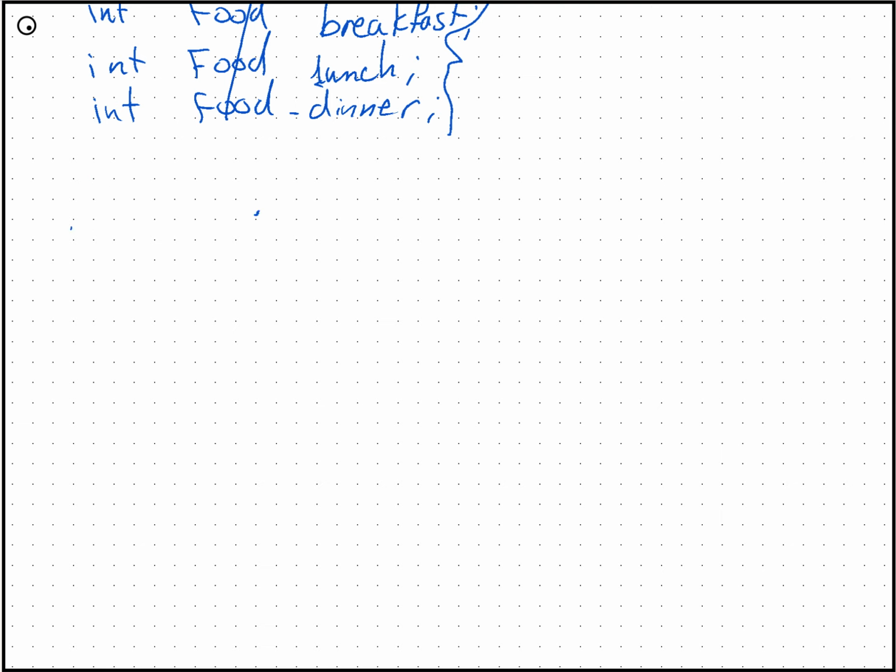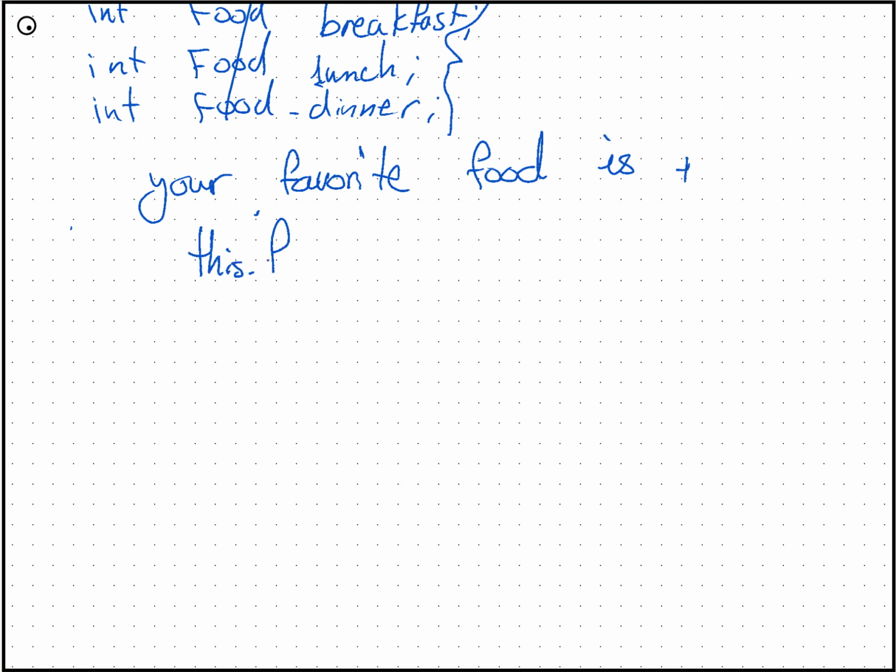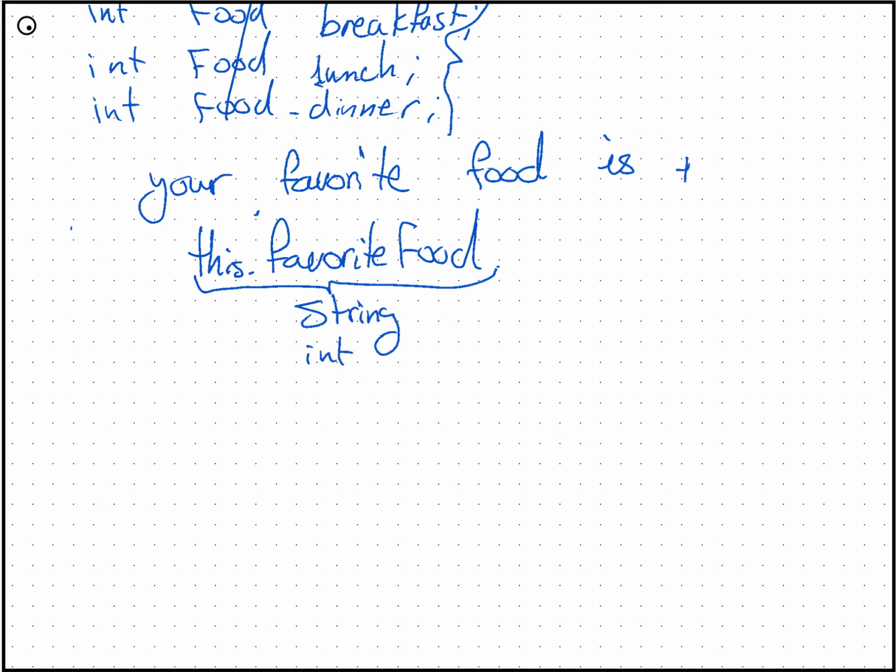So let's say we didn't care about the calories, we just cared about the favorite food. Like, let's say we wanted to have a method that just prints your favorite food is this, then you could do this dot favorite food. Well, essentially dot name for it. But what we care about is that you can have access to a field that is not just a string or an int or a double.